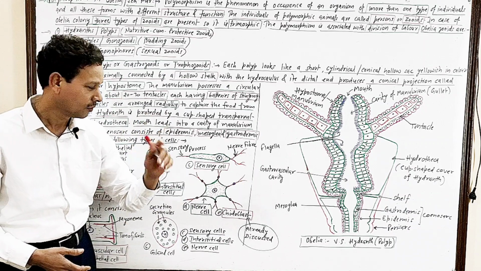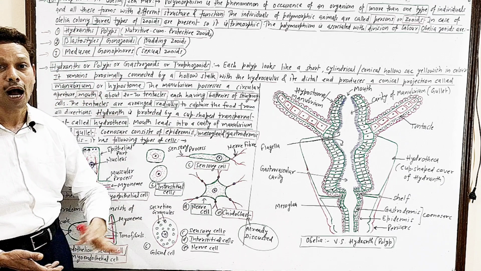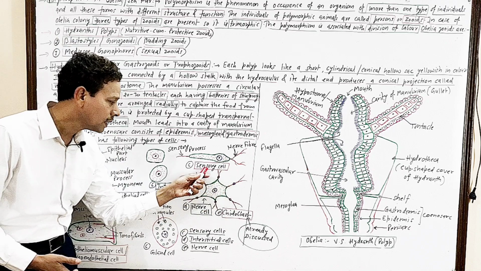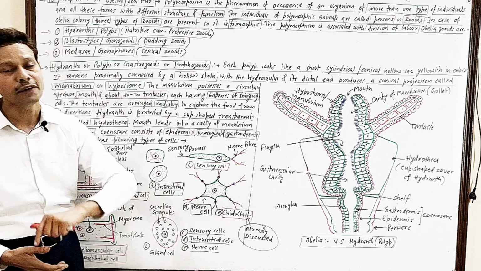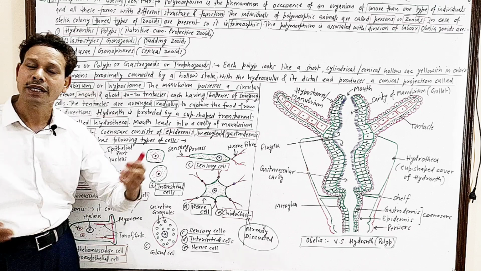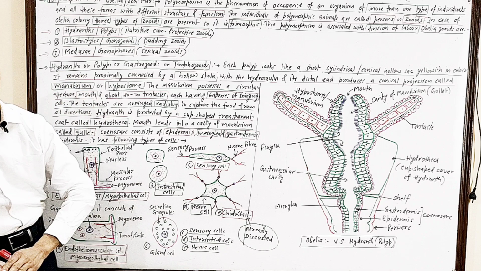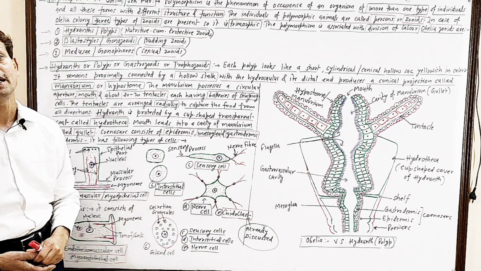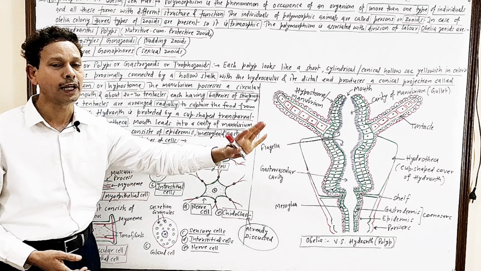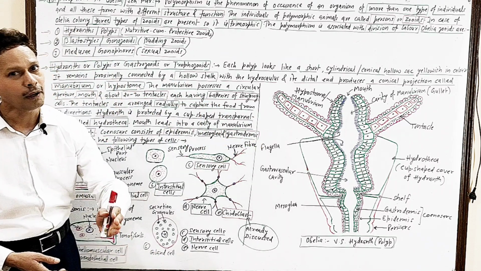But these nerve cells are unpolarized, because these cytoplasmic processes are undifferentiated, there is no differentiation of axons and dendrites.